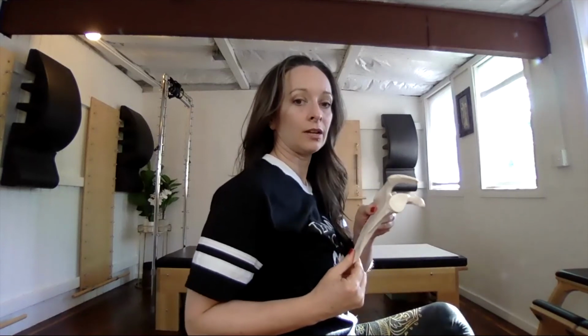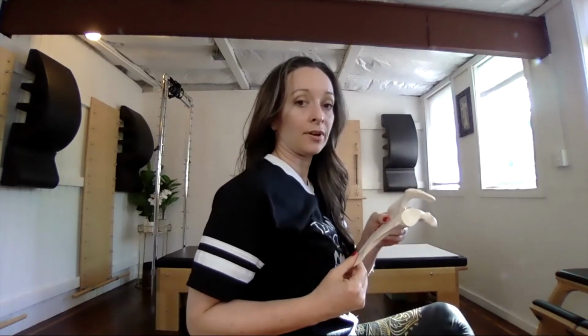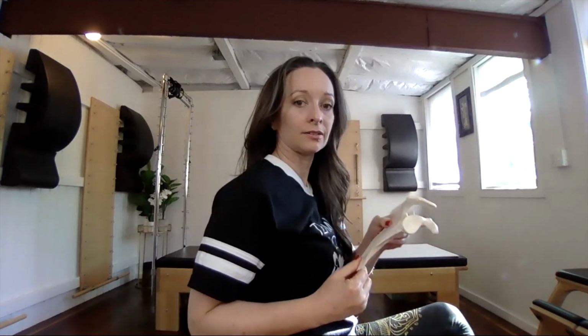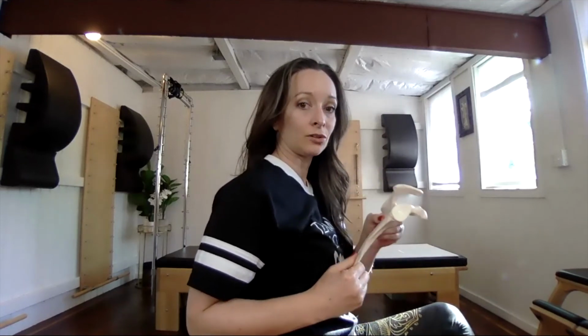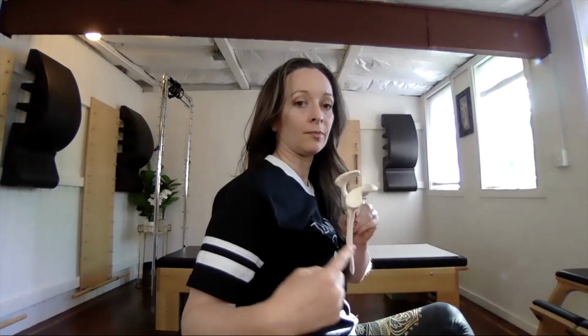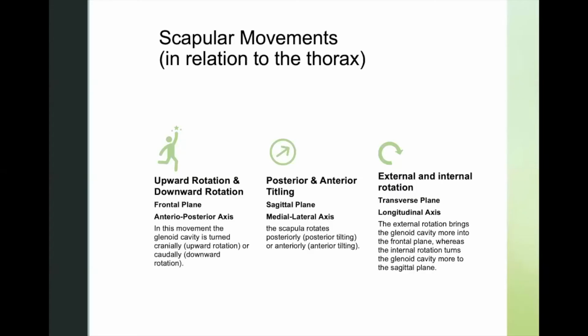All right, so that is this movement here, which is happening on what? That sagittal plane, right? About a frontal axis or a medial to lateral axis. So that's what this means here: posterior and anterior tilting on a sagittal plane about a medial lateral axis.